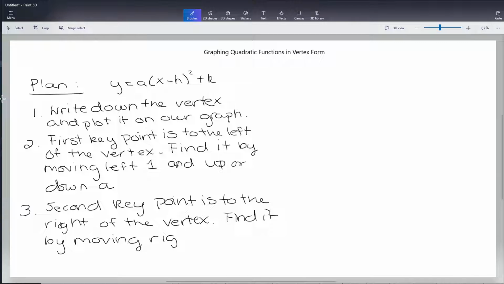So we're going to find it by moving right 1 and then up or down A.